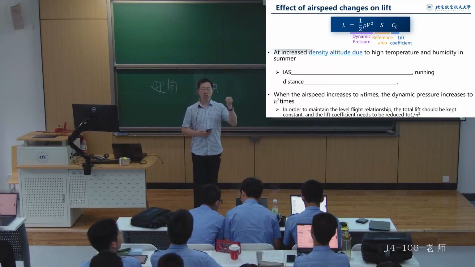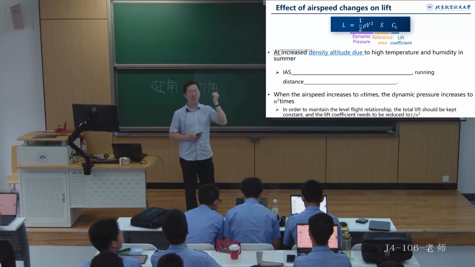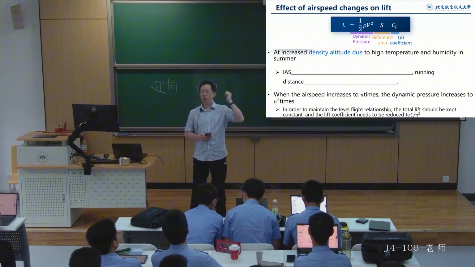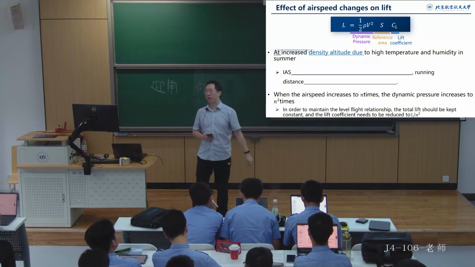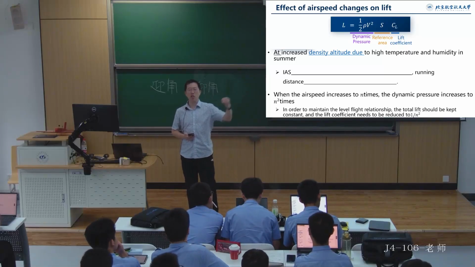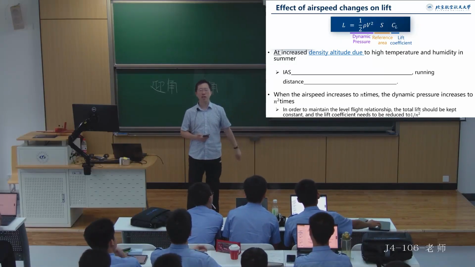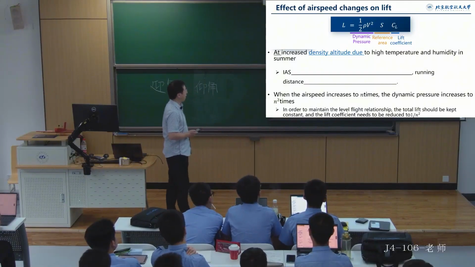Density altitude refers to the actual atmospheric density we are experiencing. Yes, exactly. You look it up in the standard atmosphere table, and whatever altitude you find is the altitude it is. Remember this. This is the layman's way of explaining density altitude.